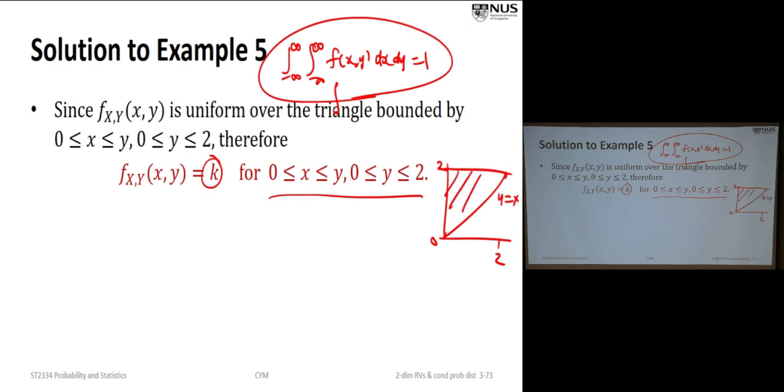So we are looking at this region. If I integrate x first, that means I fix y. So x goes from 0 to y. And then what is the PDF? The PDF is the same, so it's k.